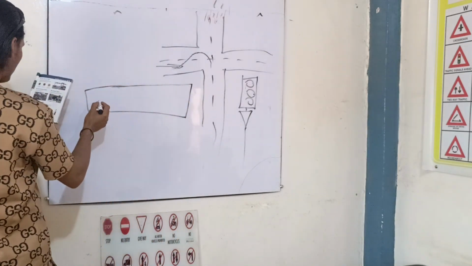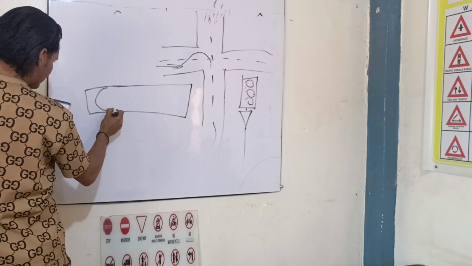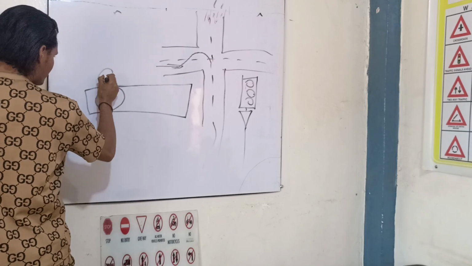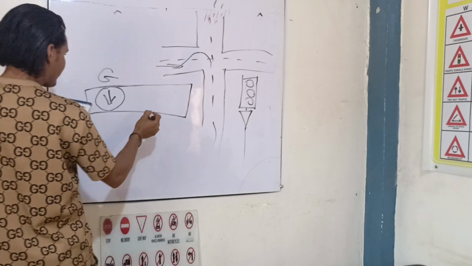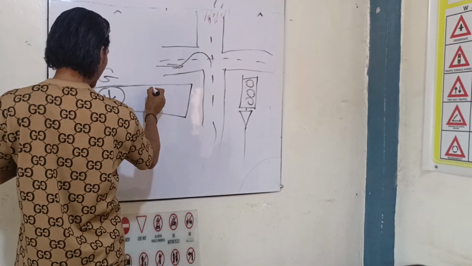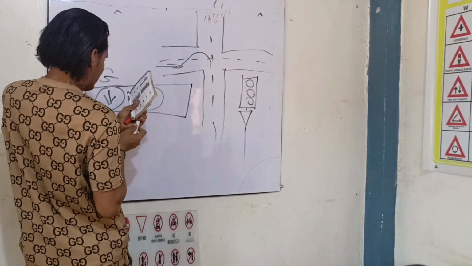Since we don't have a green marker, let me just show so that our other people can see. Let's say this is green. Let me put G here to indicate that it's green, with an arrow like this. Then we have another one that's showing what? Red now. I even have a red marker.